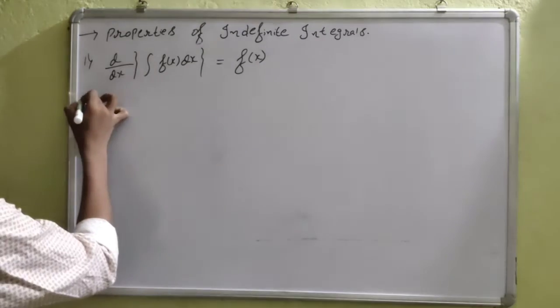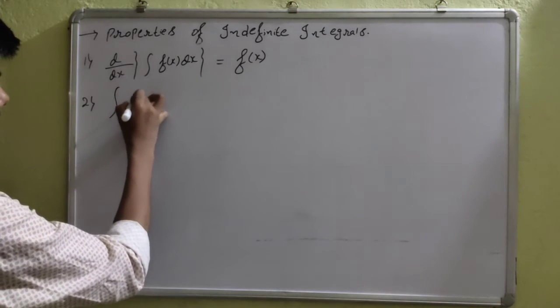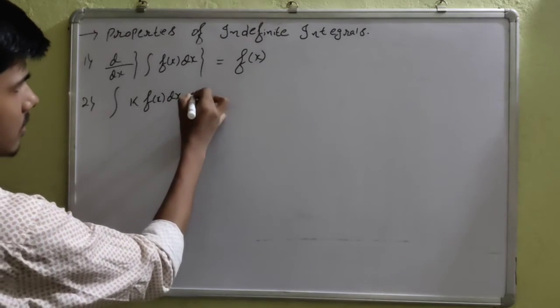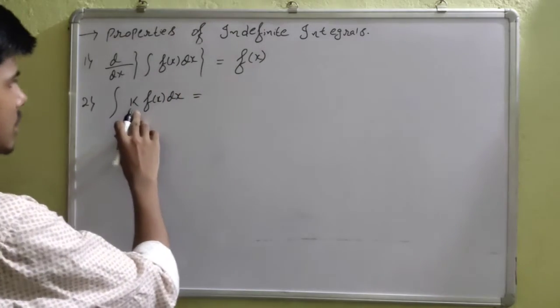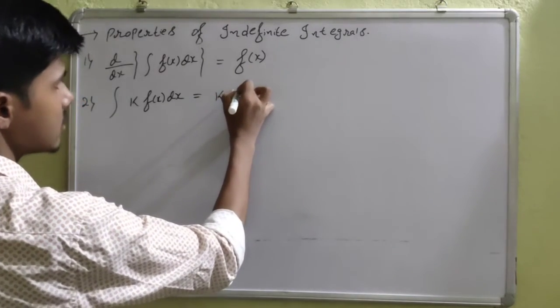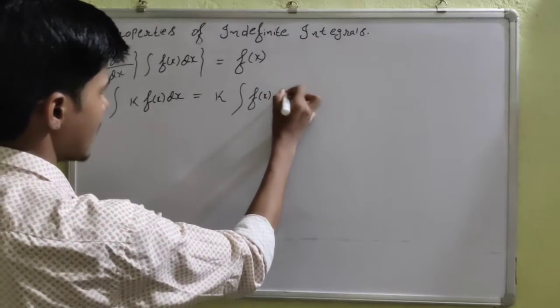Second property is integration of k into f of x dx. Then we have to take k out of the integration and we can write it as k into integration of f of x dx.